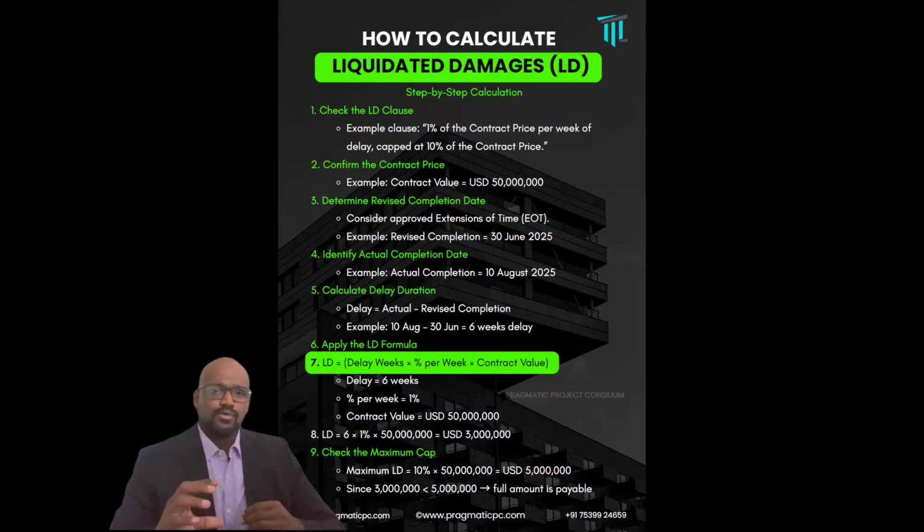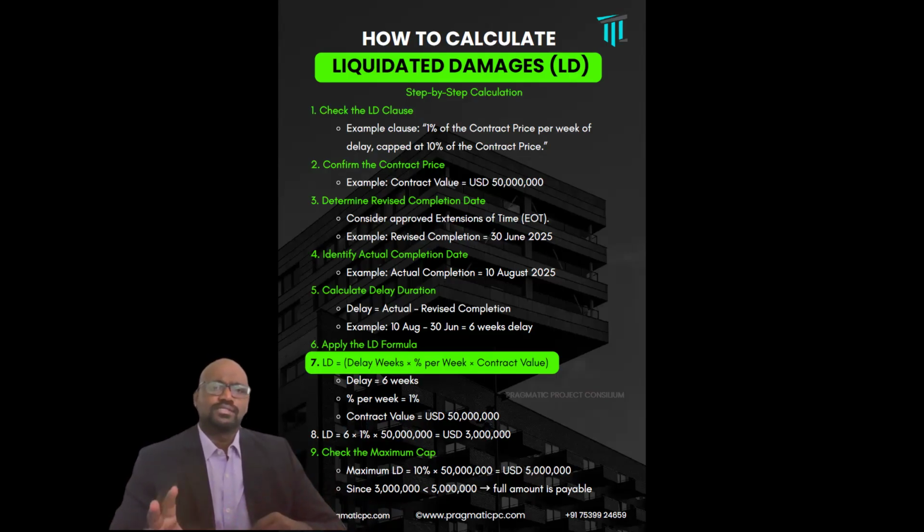So first let us see how a typical clause will be. Liquidated damages is nothing but a genuine pre-estimate of damages, not actual damages, agreed by both the parties that if something goes wrong in construction, usually it is delay, one party has to pay the other party a damage of a pre-estimated lump sum amount.